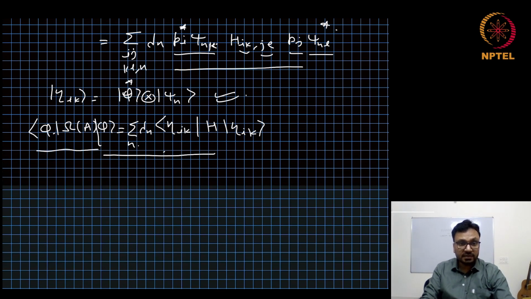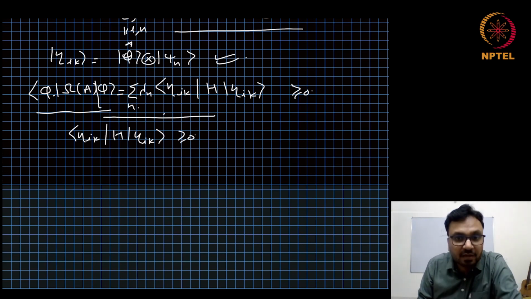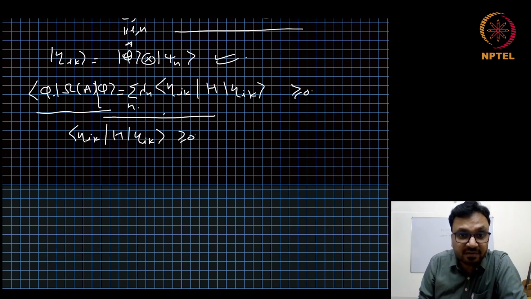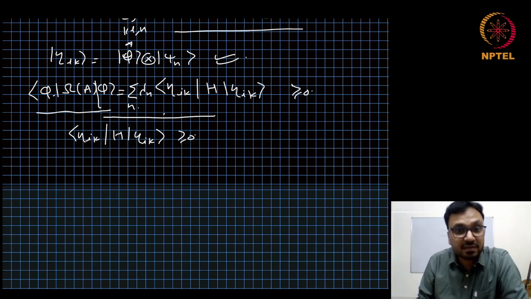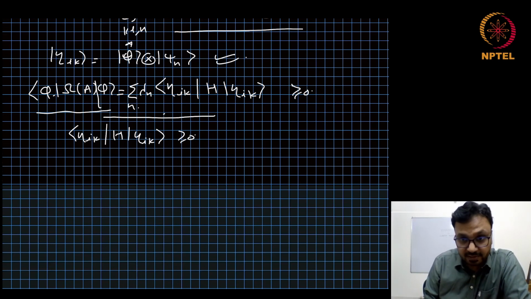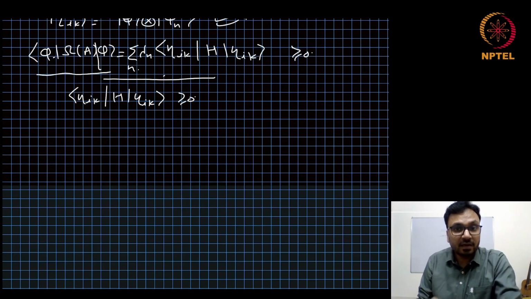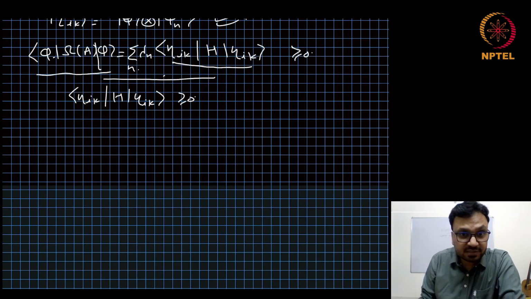So for this to be positive for all, eta ik H eta ik should be positive, because if any of them is negative, then we can choose a set of lambdas where that element is 1 and all others are 0, so we get a negative number. We don't want that. That's why all of them individually need to be positive.